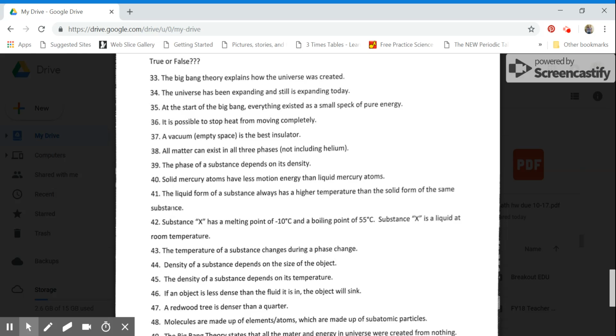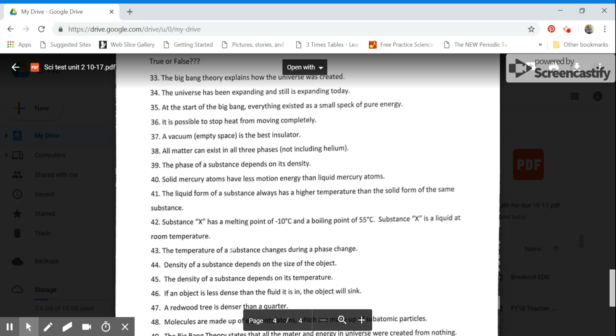The liquid form of a substance always has a higher temperature than the solid form of the same substance. 42. Substance X has a melting point of negative 10 degrees Celsius and a boiling point of 55 degrees Celsius. Substance X is a liquid at room temperature. True or false?